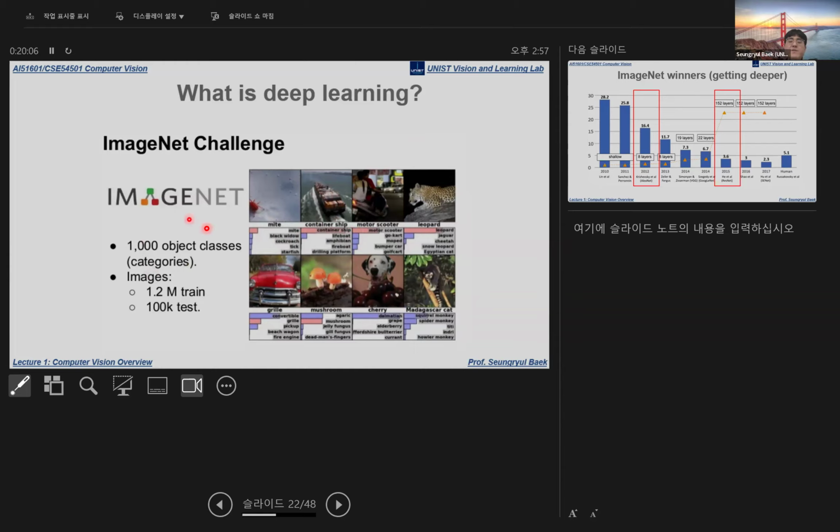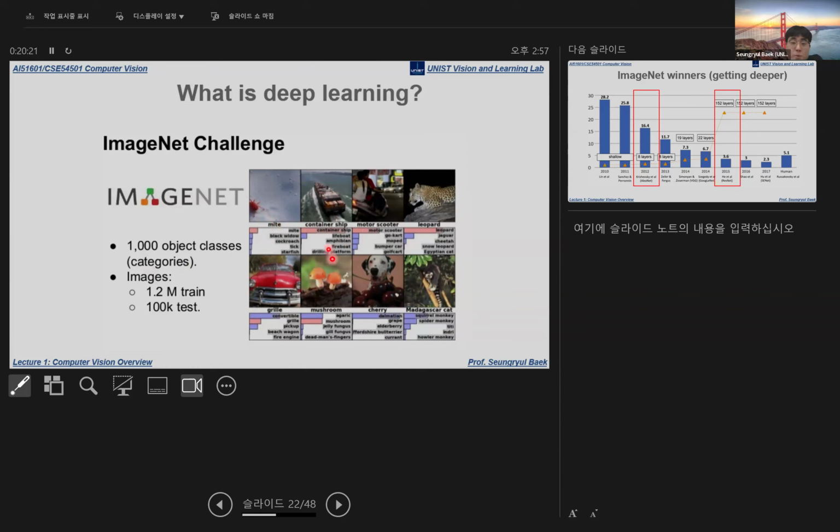There are 1,000 predefined object classes, and for each image, humans label the main object.